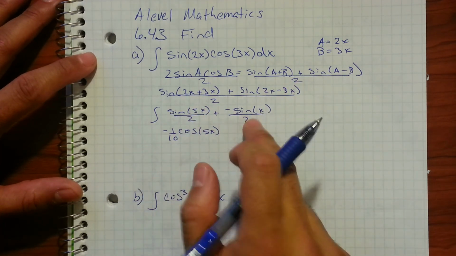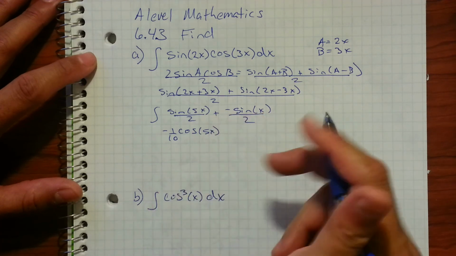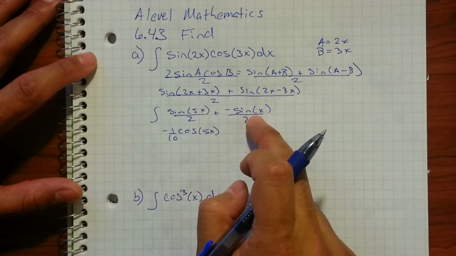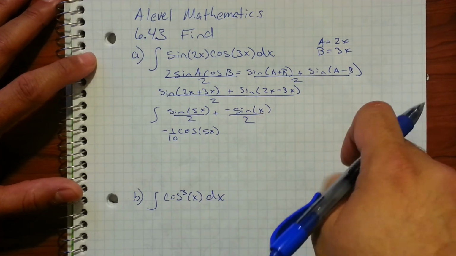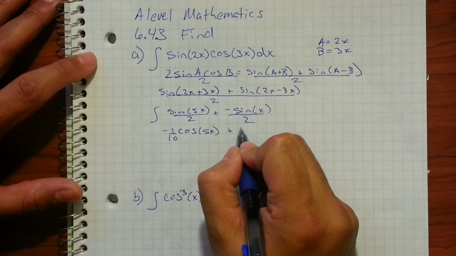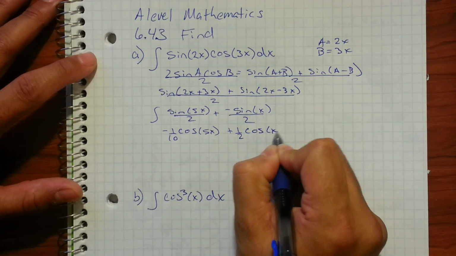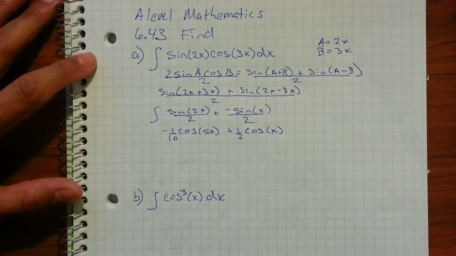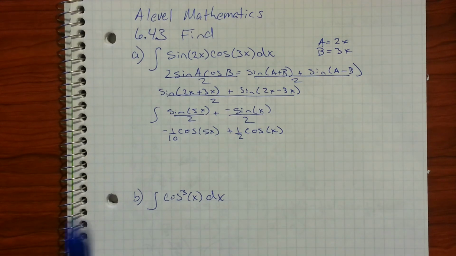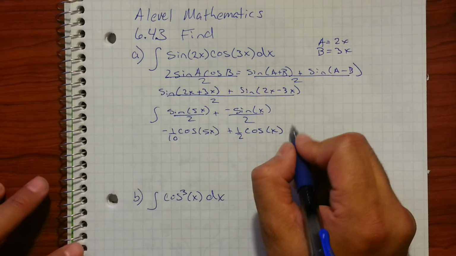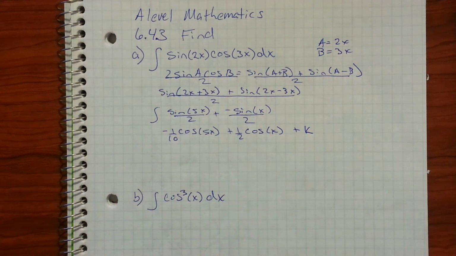Now right here, negative sine is down here, so it's going to be a positive 1/2 cosine of x. And I believe that's it. The only thing I'm missing here is my plus k.